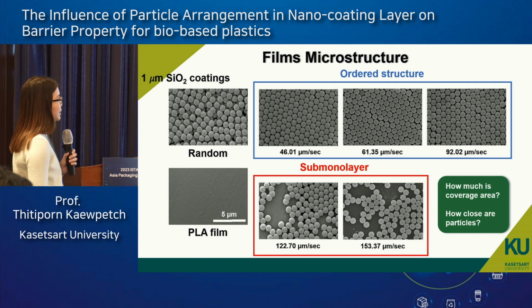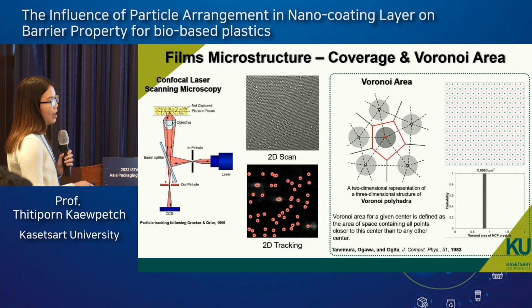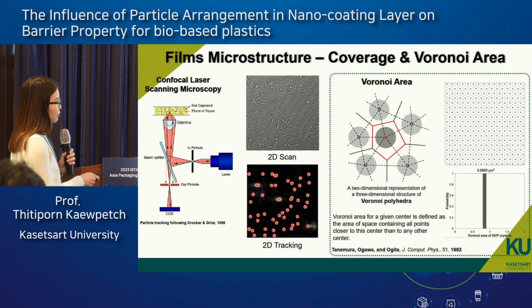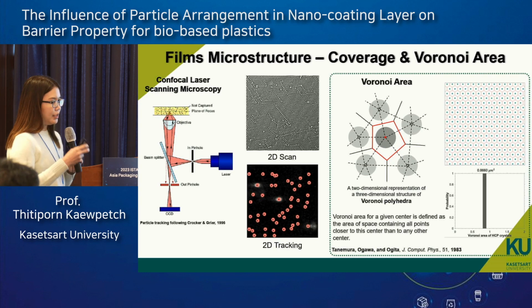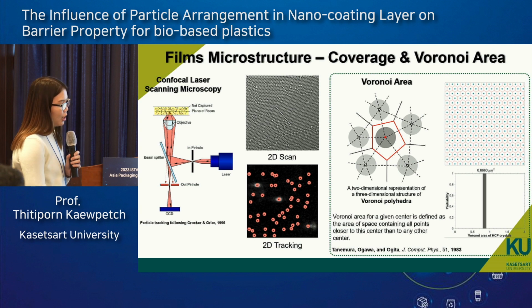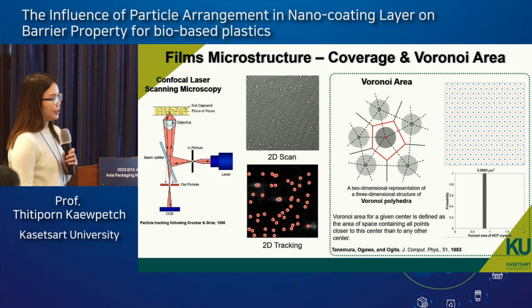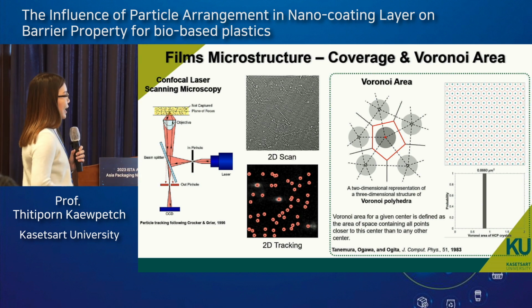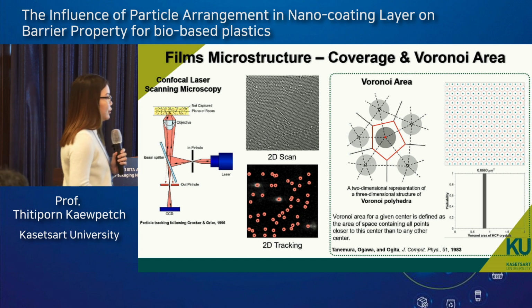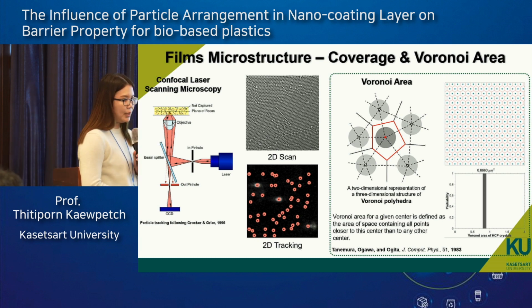So we can use another technique to check this coverage area and the density of the structure. We can use confocal laser scanning microscopy to visualize the coating layers. Actually, confocal laser scanning microscopy can do 2D scans and also 3D scans.